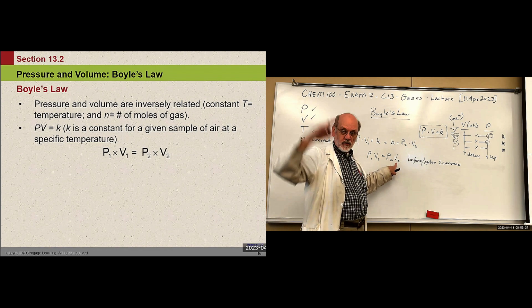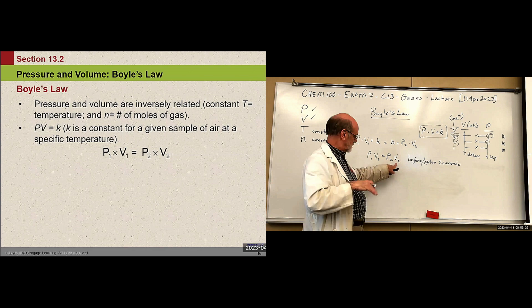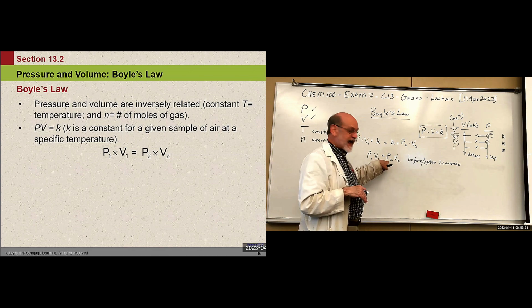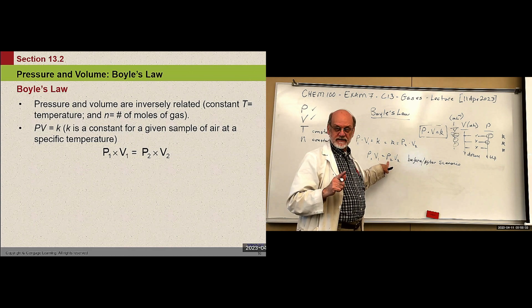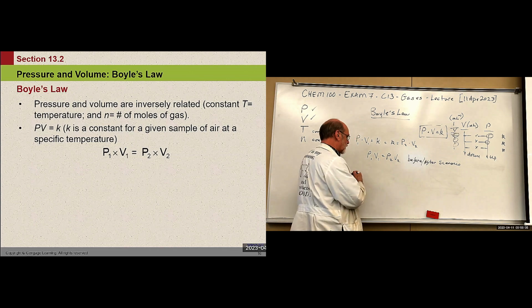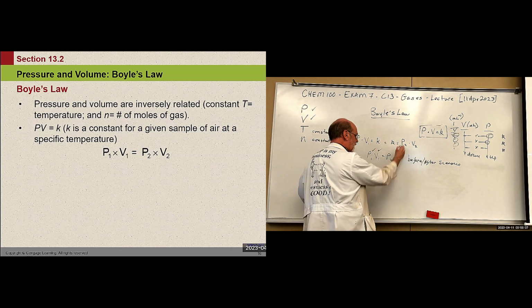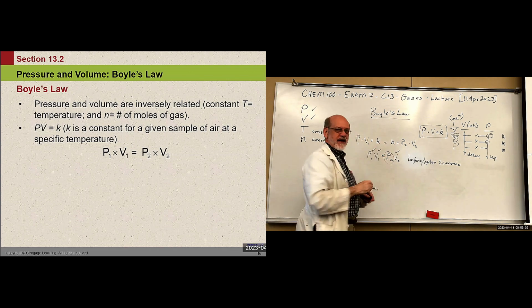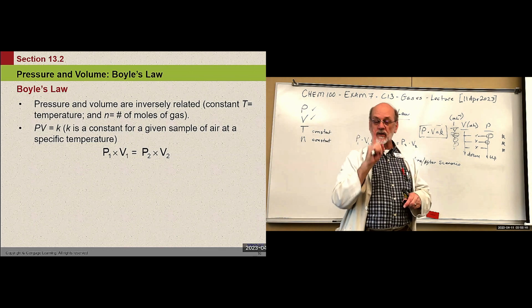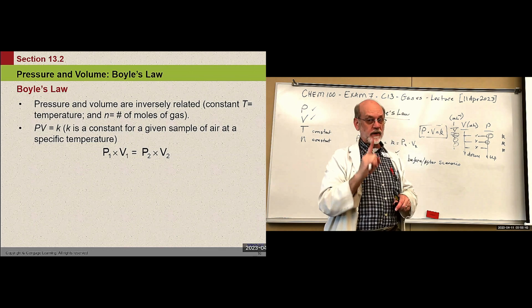Say we expand it or we compress it. Then we can calculate what the new pressure is. Because if we know this one and that one and that one, we have an equation in one unknown, and we can always solve an equation with only one unknown.